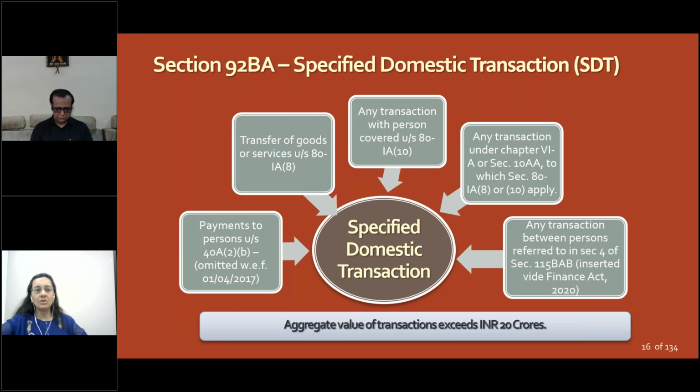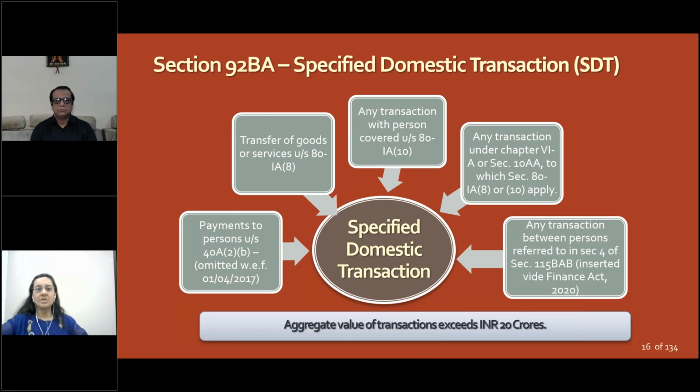What remains in our law today is transfer of goods and services under section 80IA(8), which covers all eligible units generating, manufacturing electricity, or in backward areas, etc. So any eligible unit that has a profit linked deduction available to it: any transfer of goods or services between the eligible unit and the non-eligible unit is subject to transfer pricing.